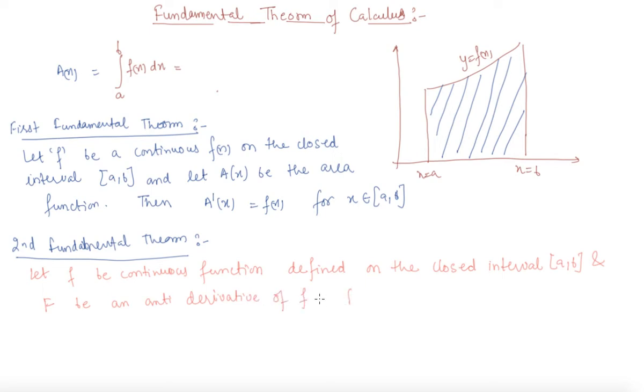Then we can say that the integral from a to b of f of x dx will represent F of x from a to b, or you can say F of b minus F of a, where capital F is the antiderivative of the function f of x.